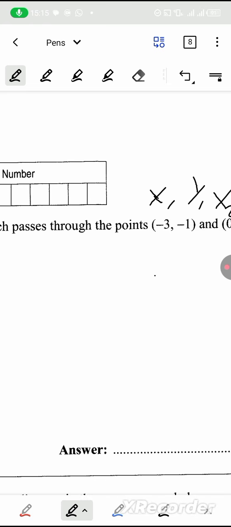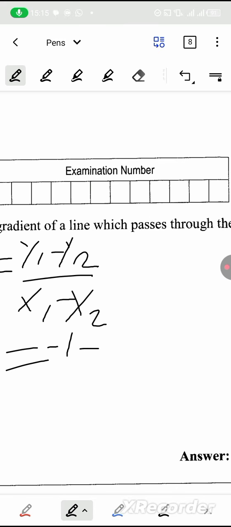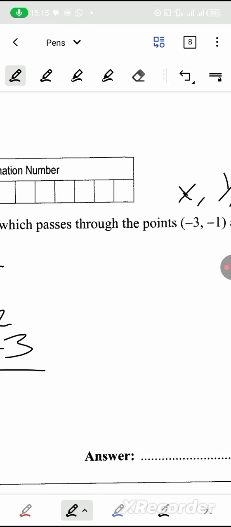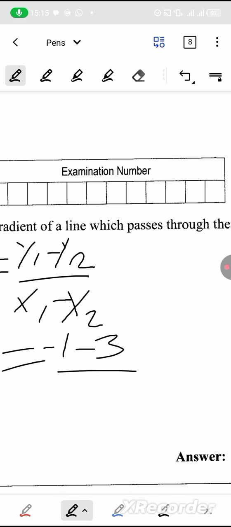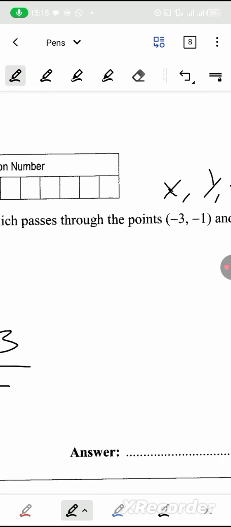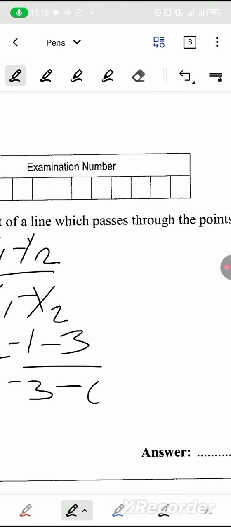Then y2 is what? y2 is 3, then over. We come to x1. x1 is -3, so -3 minus. Then x2 is what? x2 is 0, so we write 0 there.